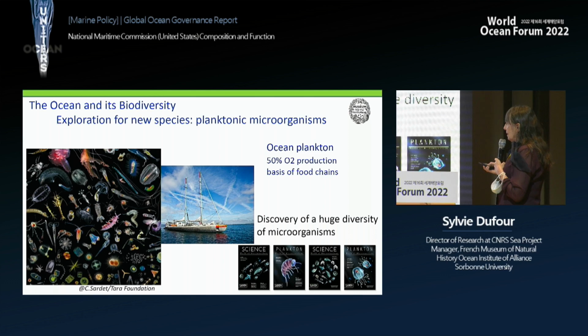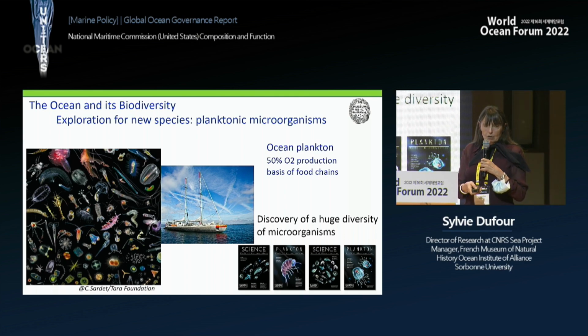A recent expedition here from the Tara Foundation together with CNRS in France around the ocean, devoted to the exploration of plankton, led to the discovery of a huge diversity of microorganisms that was not at all known before, showing that there is still so much to know about the ocean.